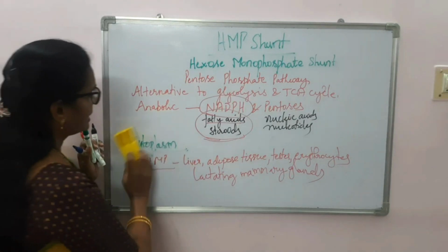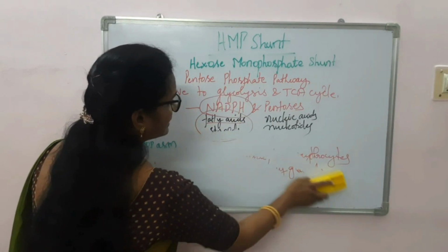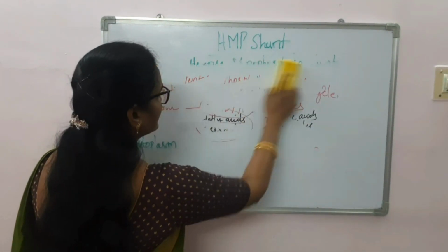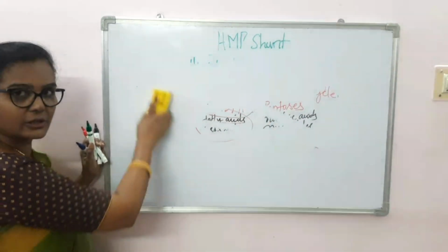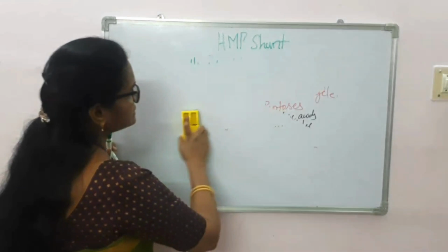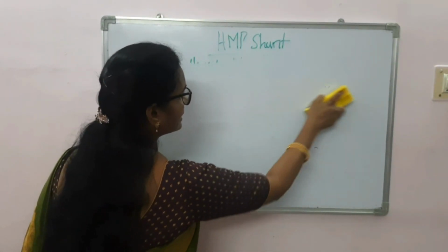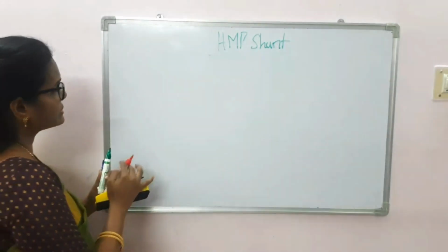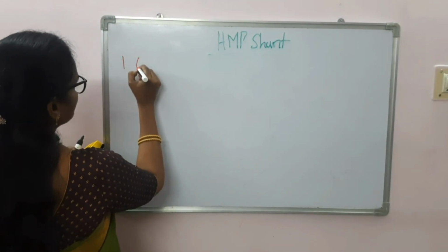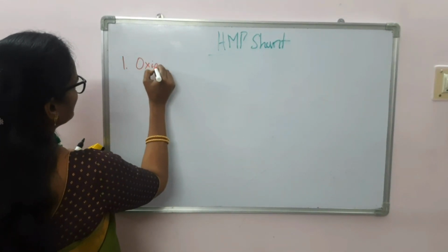Now we will see what are the reactions that take place in HMP shunt. The reactions are mainly divided into two phases. One is oxidative phase and another one is non-oxidative phase.